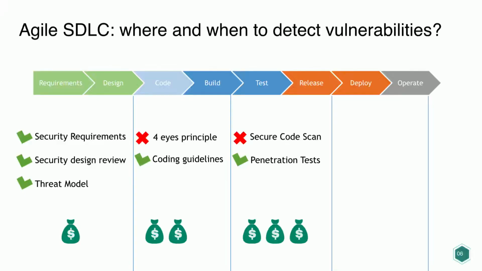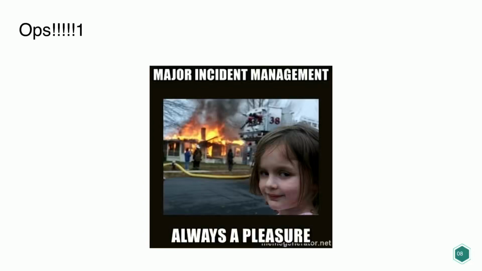If we go to the third phase, maybe a secure code scan wouldn't detect it, maybe it would raise a warning, but definitely a penetration test will detect that this is a problem. But of course, it's very, very expensive. And at the end, if we detect it in production, then it's too expensive.